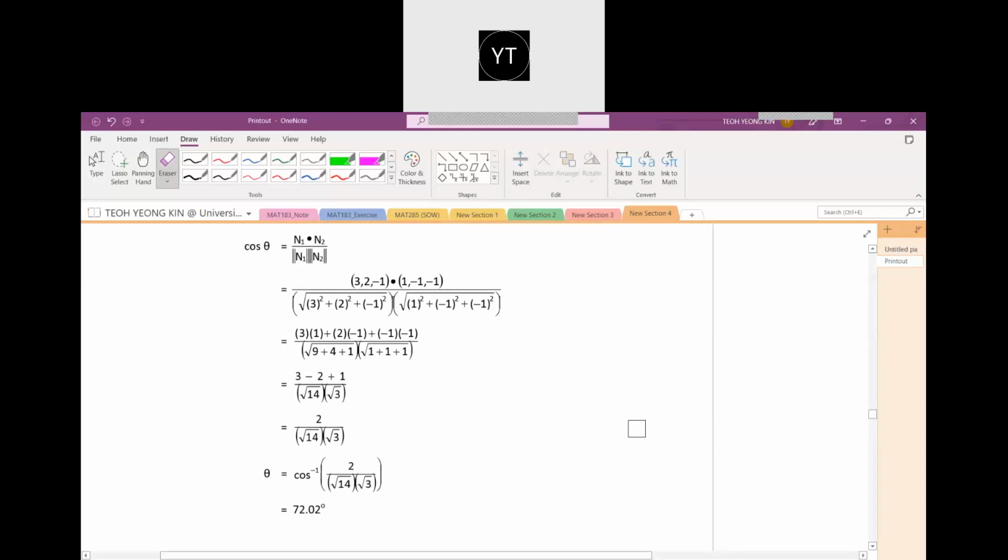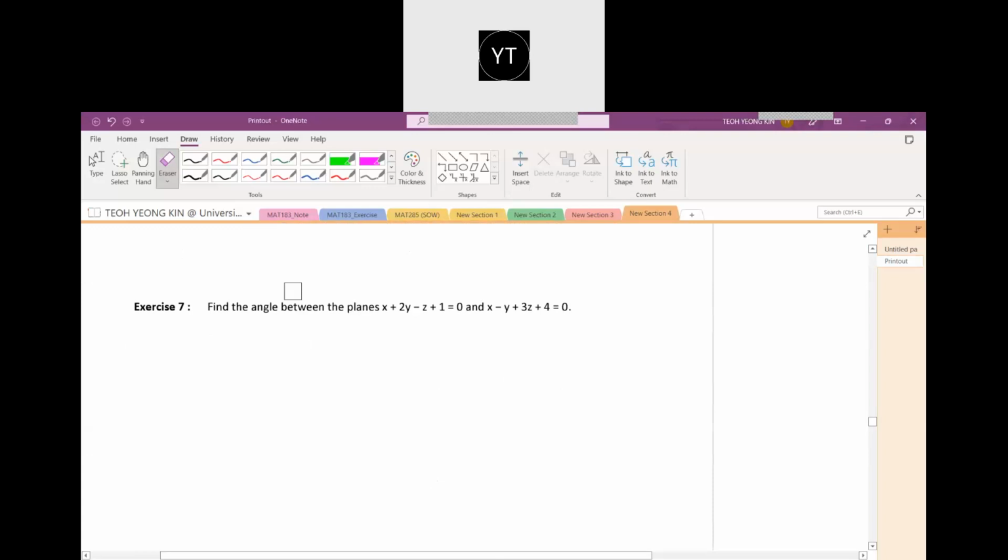So let's look at the exercise. Exercise 7. Find the angle between the planes. This is the equation for the first plane and the equation of the second plane. Let's say these are P1 and P2. From P1 and P2, we can get N1, the normal vector, which is the coefficients of x, y, and z.